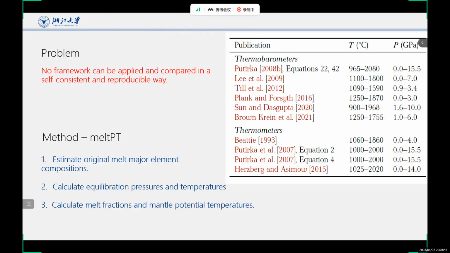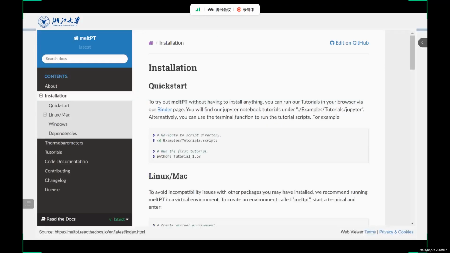Their Python package includes three major functions. The first is to estimate the original major element composition. The second is to calculate the equilibration pressures and temperatures. And the third is to calculate melt fraction and mantle potential temperatures. This is the documentation of their Python package.